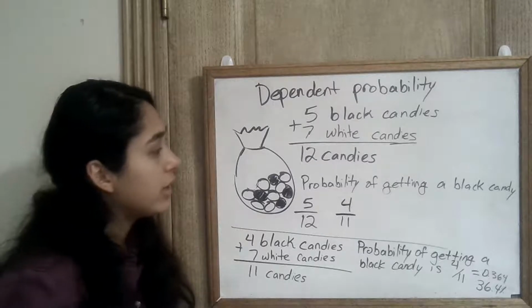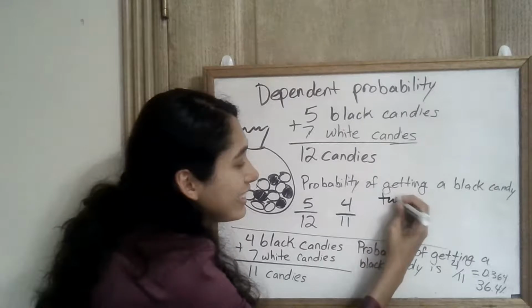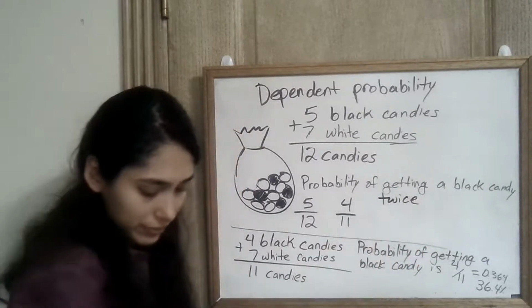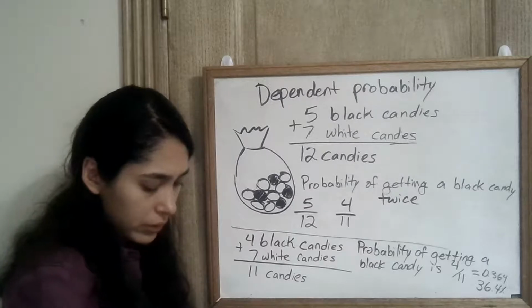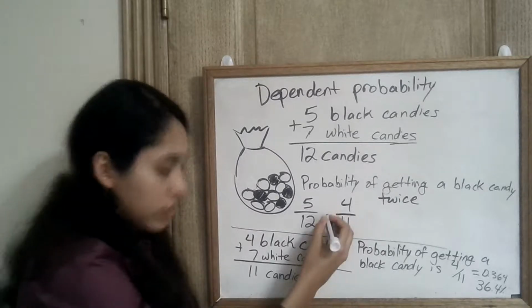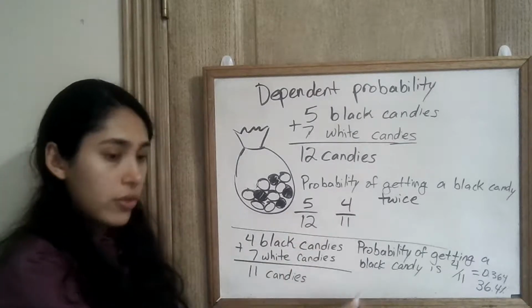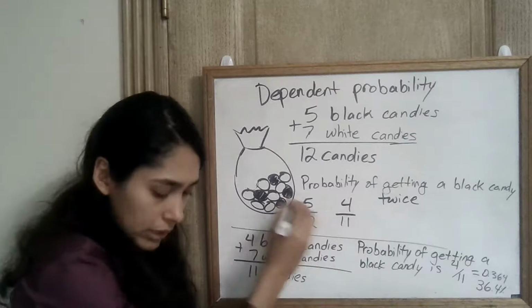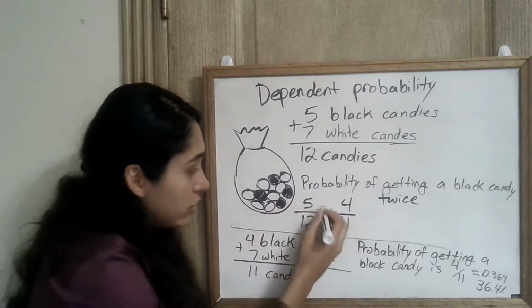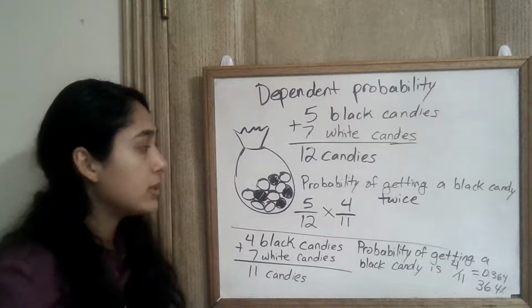So let's say we want to know the probability of getting a black candy twice. We are going to have to change our values, because the actual total number of candies changes as well as the black candies. We are going to have to multiply these two. Same thing as in the previous problem with independent probability.